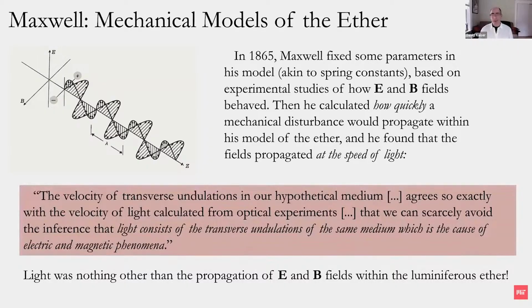Here's a direct quotation from his very famous paper from 1865. And he says, the velocity of transverse undulations in our hypothetical medium, I just love that phrase, transverse undulations in our hypothetical medium, meaning the speed at which these waves of ether are traveling, that speed agrees so exactly with the velocity of light that's calculated from optical experiments and actually mostly astronomical tests, that we can scarcely avoid the inference that light consists of the transverse undulations of the same medium, the ether, which is the cause of electric and magnetic phenomena.